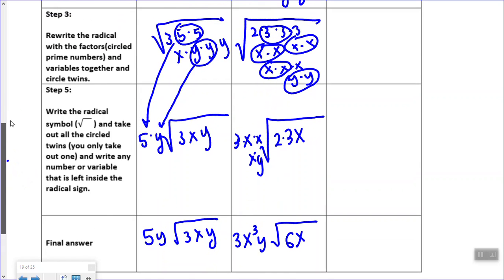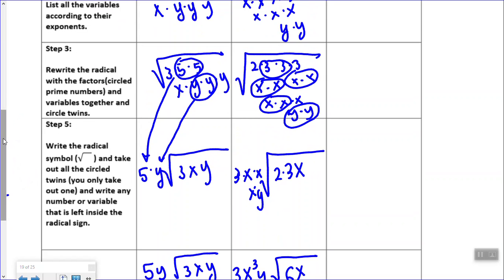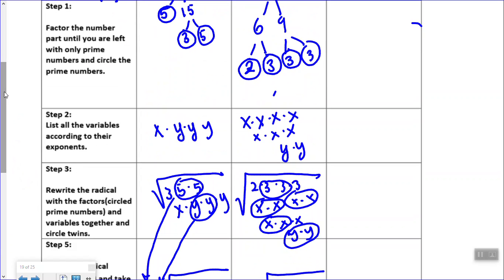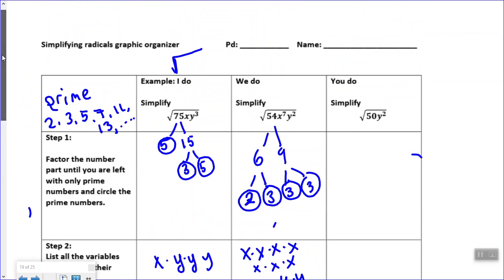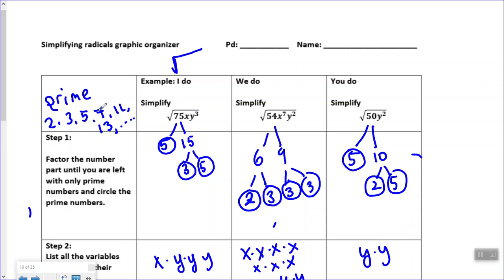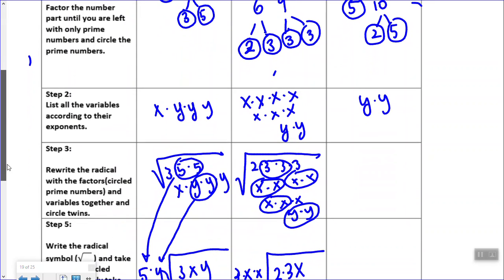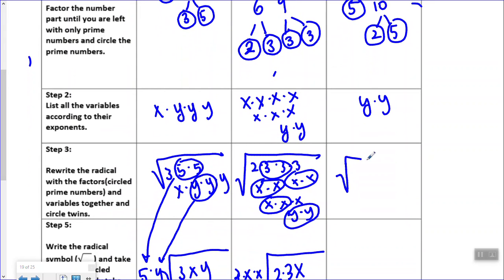And last example, if you factor 50, you can factor 5 times 10, and 10 is 2 times 5, circle prime numbers 5 and 5, and then y squared is y times y, and you're gonna put them all together inside the radical.